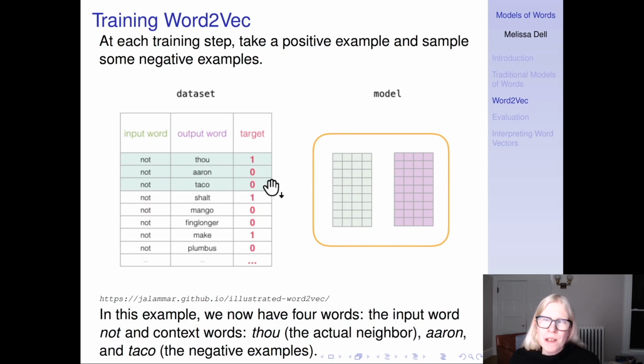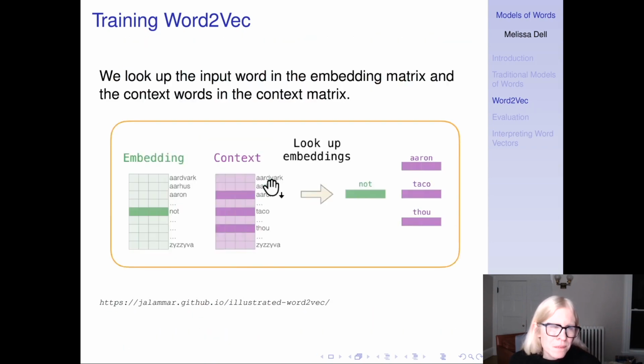And so the input word is not, and thou is an actual positive word that appears in context, so its target is 1. And Aaron and taco are the randomly negative sampled words. Remember, we're sampling negative words at random because we can't compute the softmax loss over every word in the vocabulary because that's too costly to do, but we can just take negative examples.